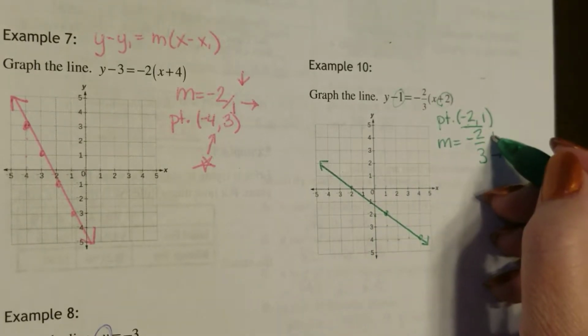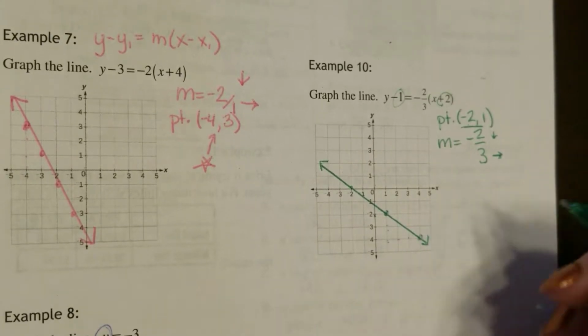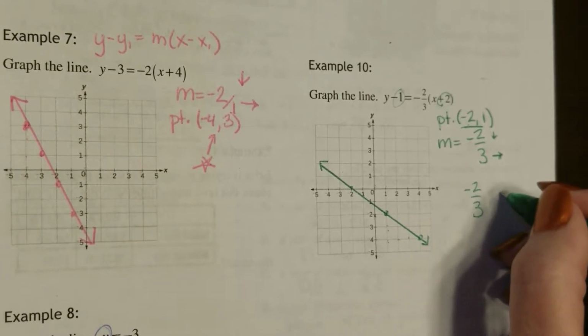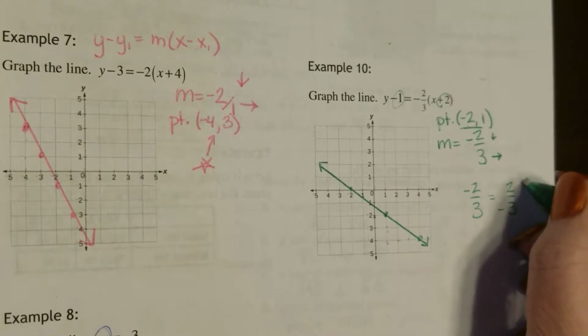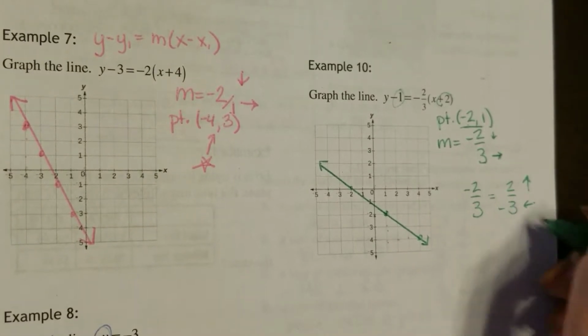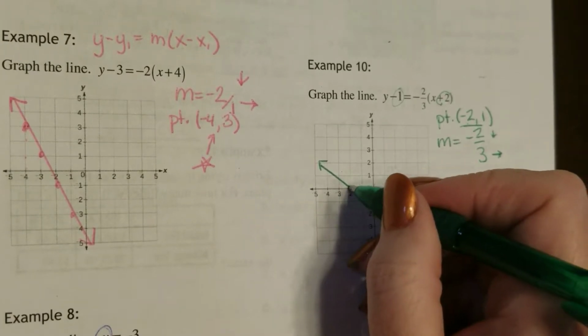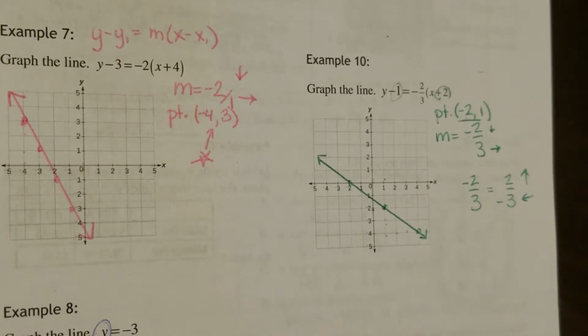So I'm going to go down 2 and over 3, down 2, over 3. If you run out of room on that one, negative 2/3 can also be written as 2 over negative 3, so that could be up 2 and to the left 3. So up here and over to this point. If you run out of room on your graph, that's good to know. And then draw the line connecting those points.